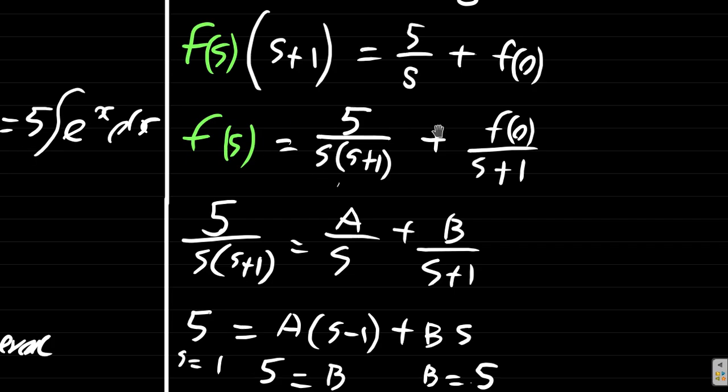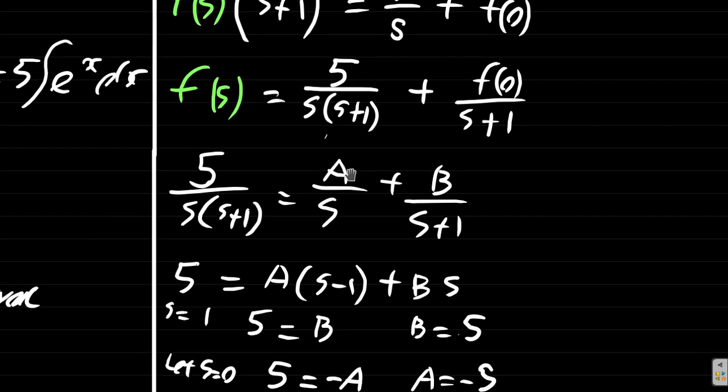So when we break this part up into 5 over s plus 1 equal A over s plus B over s plus 1, it should be. When we multiply both sides by s plus 1, we have 5 equal A times (s plus 1) plus B times s, right?